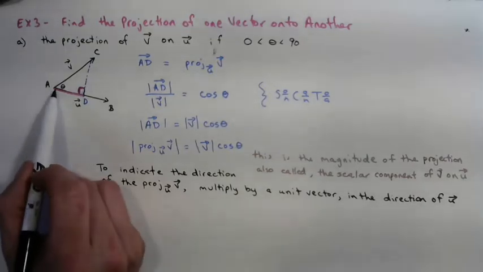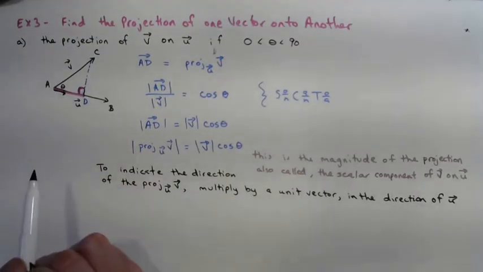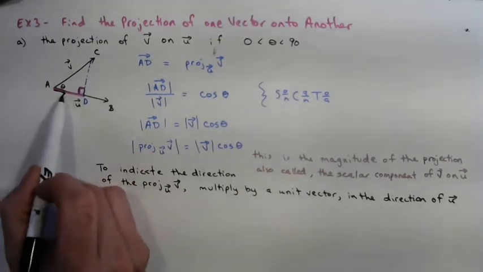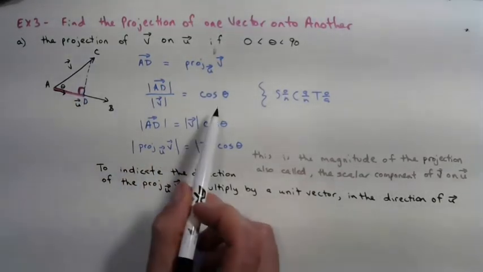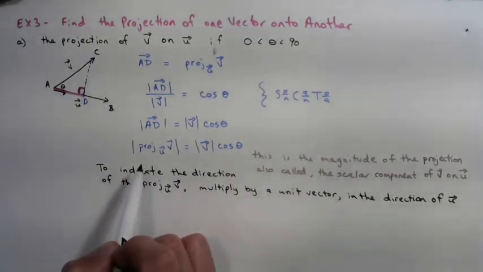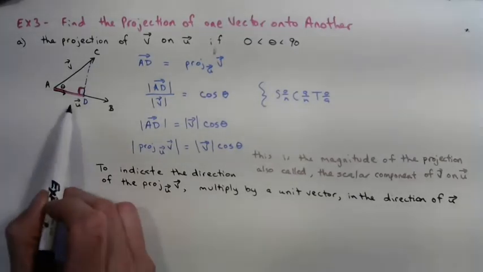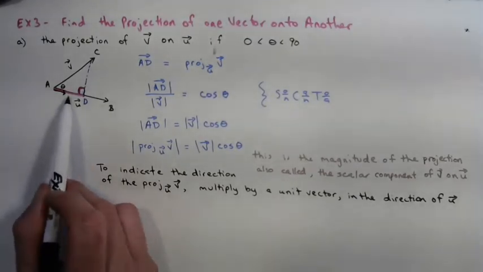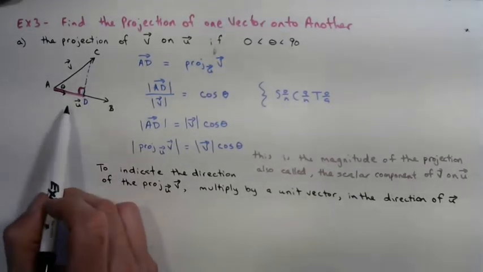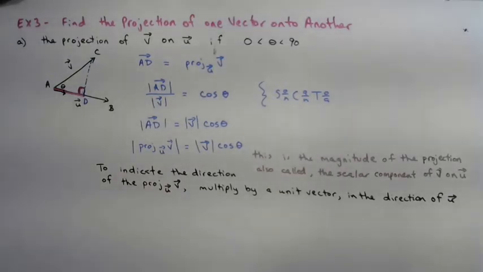If we took a unit vector going this direction and we multiplied it by the magnitude of the projection that we've just gotten, then we would get a more full description of the vector AD, the projection of V onto U. So what does that look like?